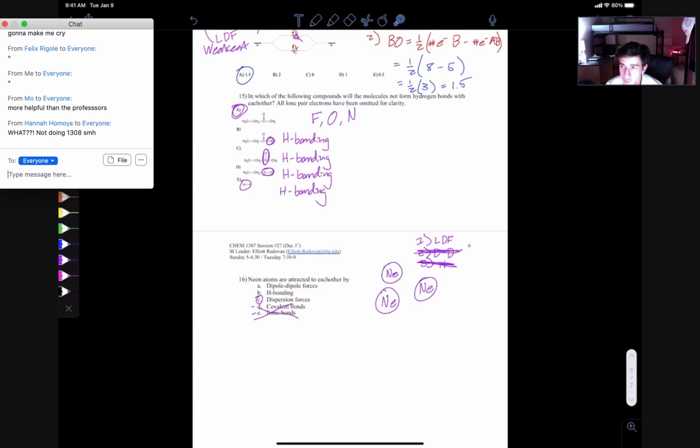Most of us just do a subject and stick to it unless we jump around. And I would jump to 1308. To be an SI leader for a class, you have to know it. You have to be able to do it practically in your head with your eyes closed, with your hands behind your back. 1307, that's me. 1308, I made the A in and everything, and I did well.